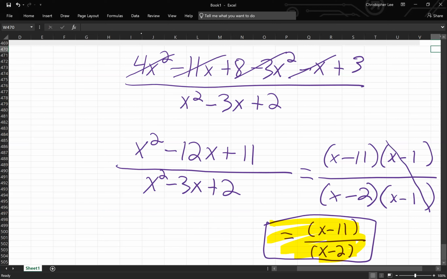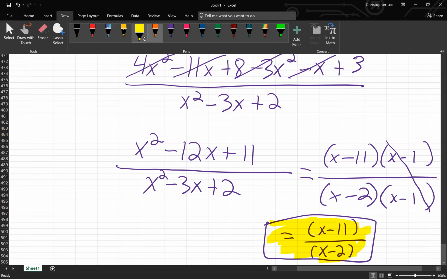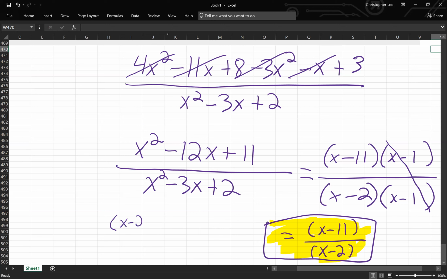But on your homework, they're probably going to ask you what the excluded value is. So for the excluded value, what we're going to do is set the denominator, which is the x minus 2 and the x minus 1, equal to 0 and solve both of them for x.